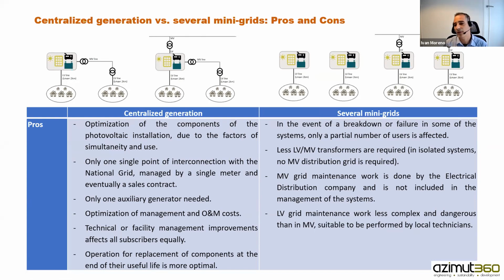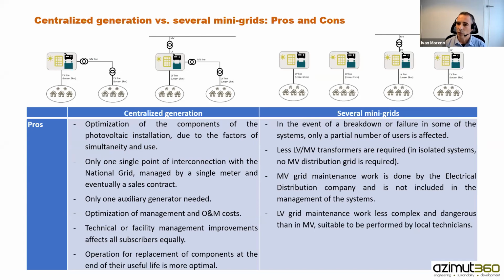If you have only one point of logistics, it's always easier, as you know. In complex places, transporting devices can be a nightmare. And so these are the main pros regarding the centralized generation.